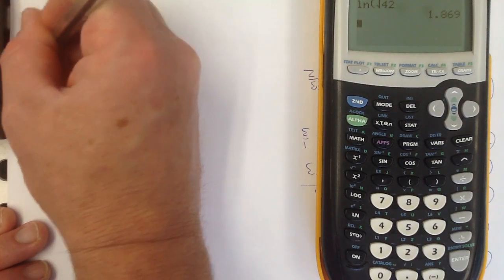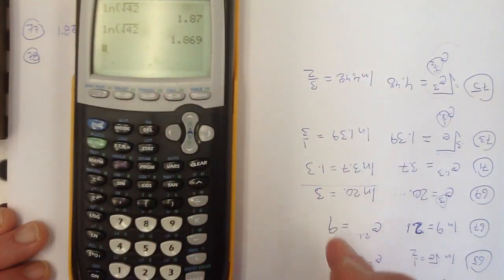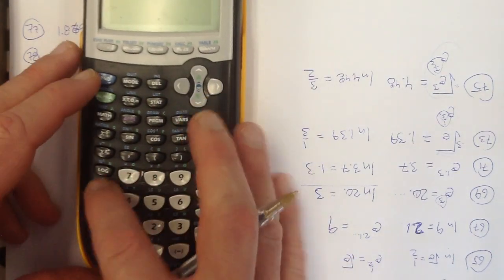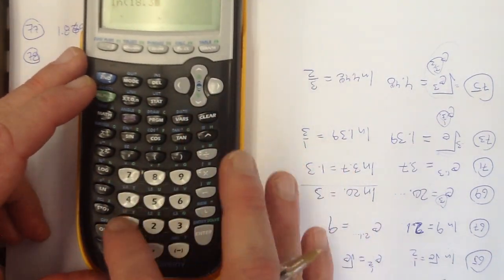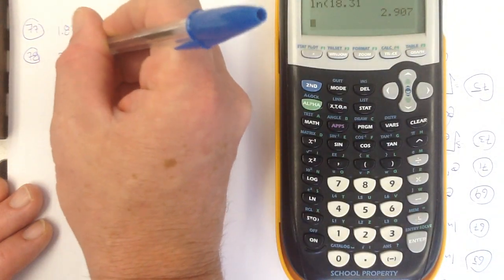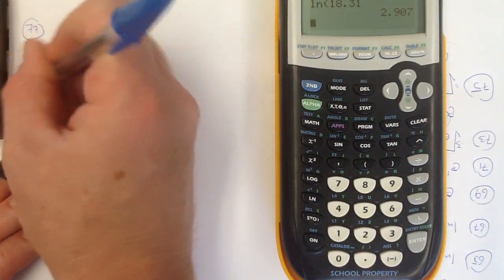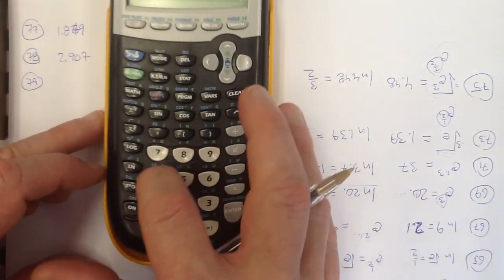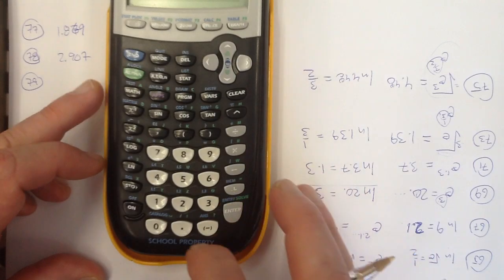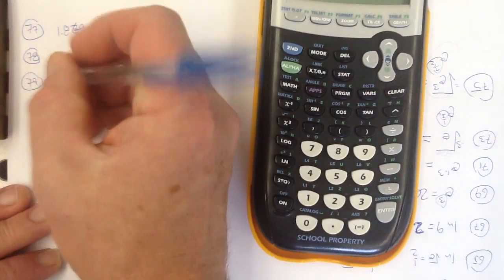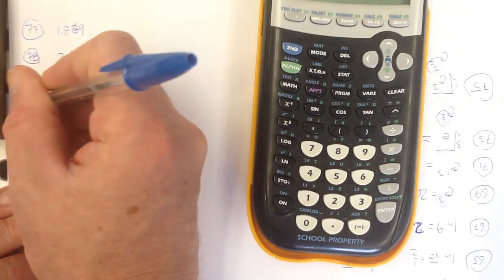Number 78, want to find the natural log of 18.31. Natural log of 18.31, 2.907. Number 79, negative natural log of 1/2 is equal to 0.693.